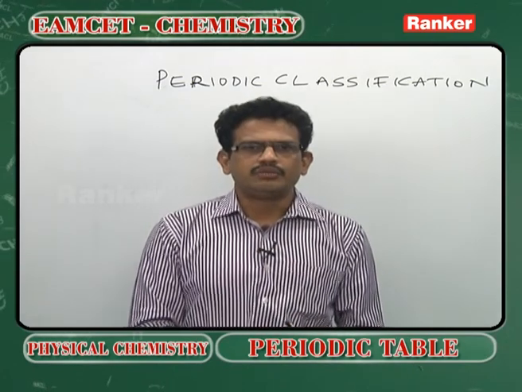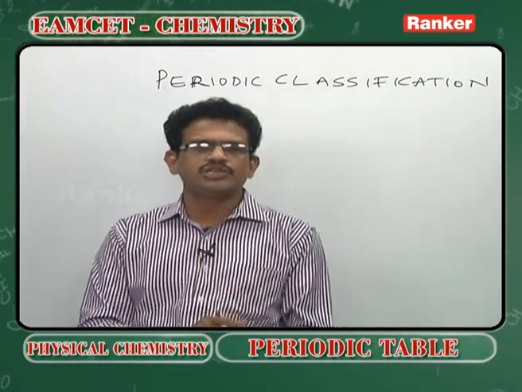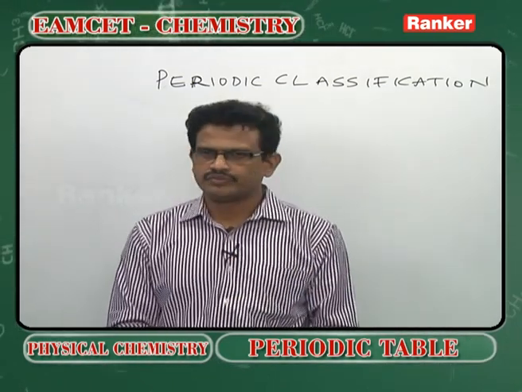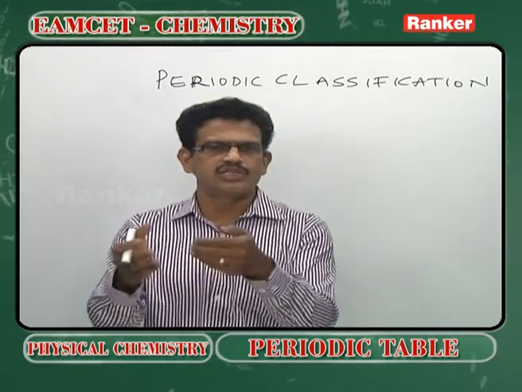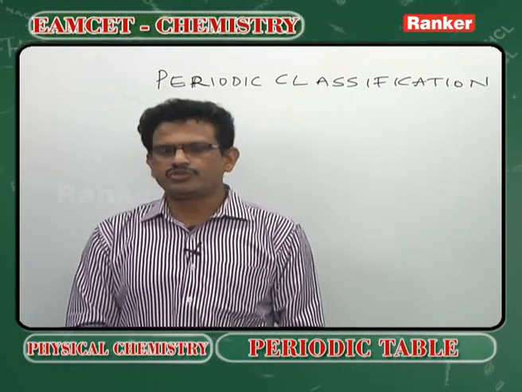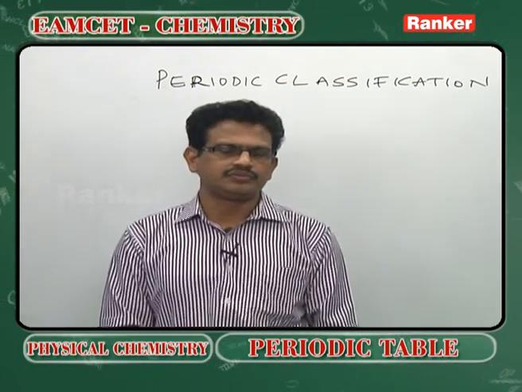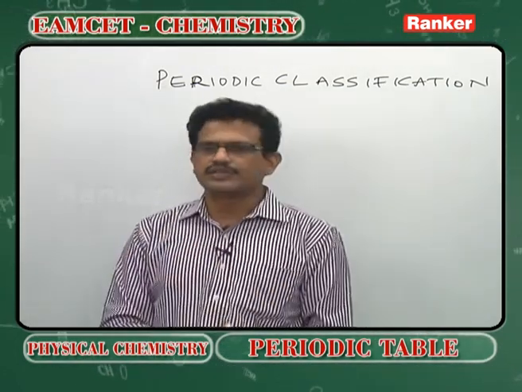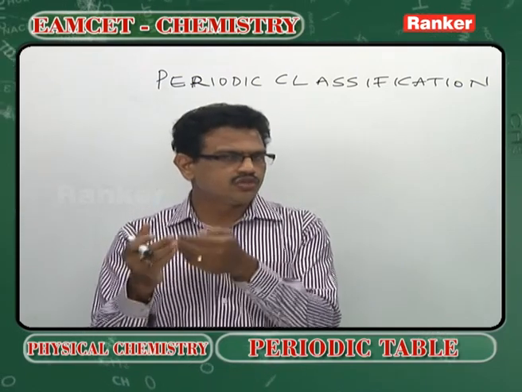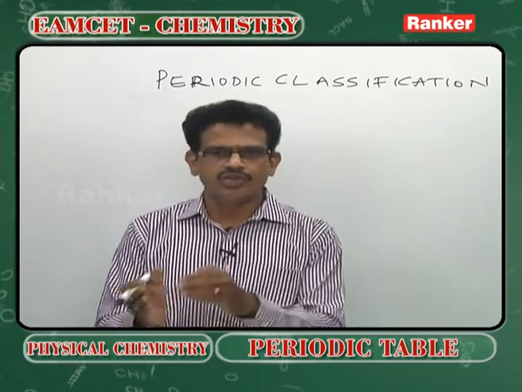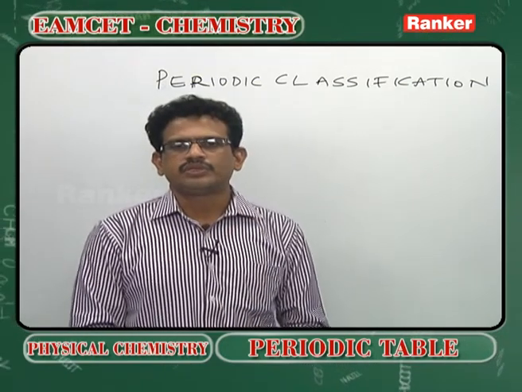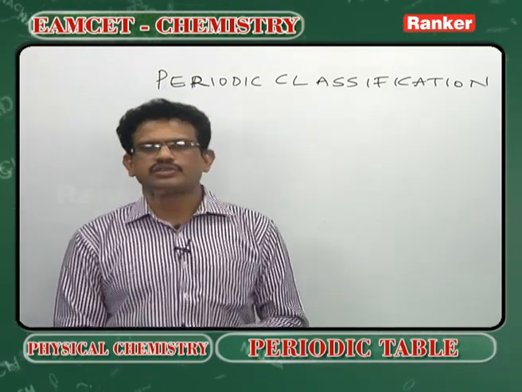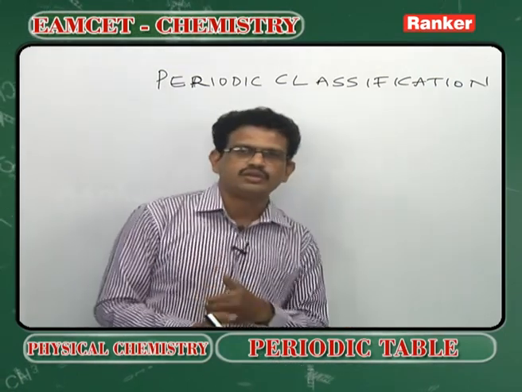For example, metals usually exist in a solid state, but mercury, also a metal, exists in liquid state. And usually metals conduct electricity and non-metals do not, but the carbon allotropic form, graphite, is a very good conductor of electricity. Because of this kind of problem, this classification was not so useful.